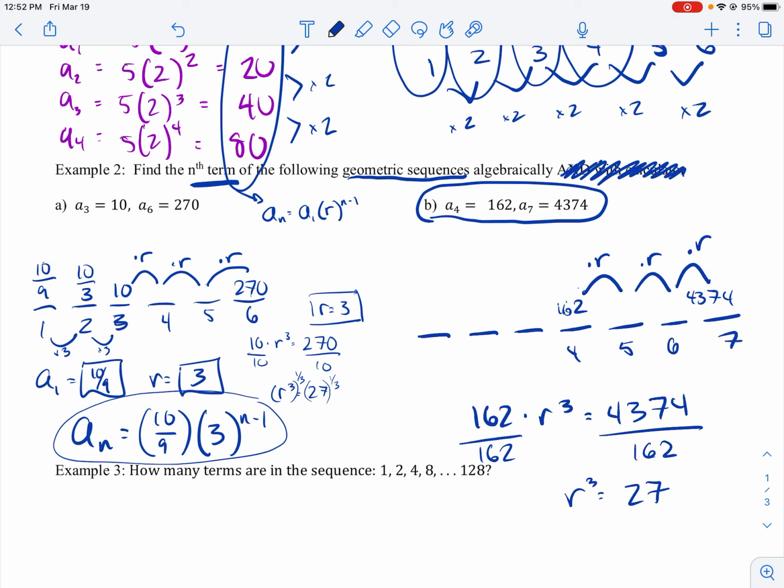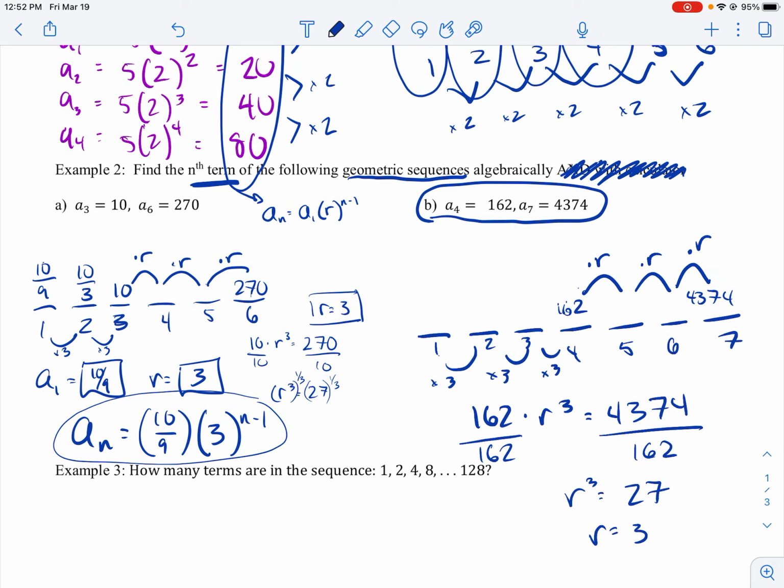Cool. And then, again, r is just equal to 3. All right, so to find our nth term, that means I'm going to have to divide by 3, and then divide by 3. So I'm going to have to divide by 3 times in order to get back to that first one.